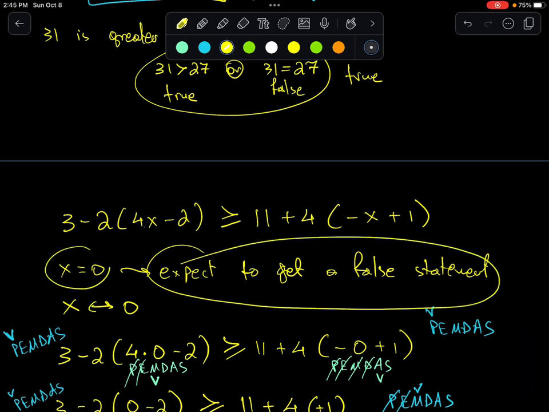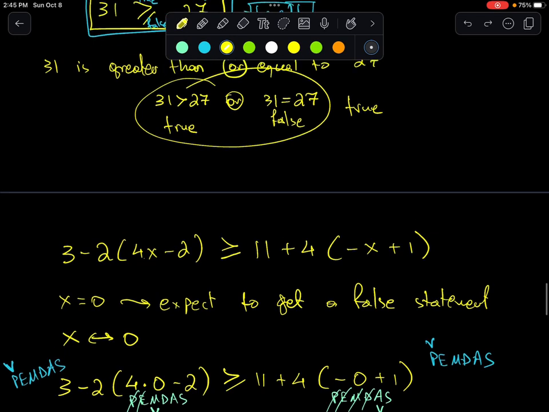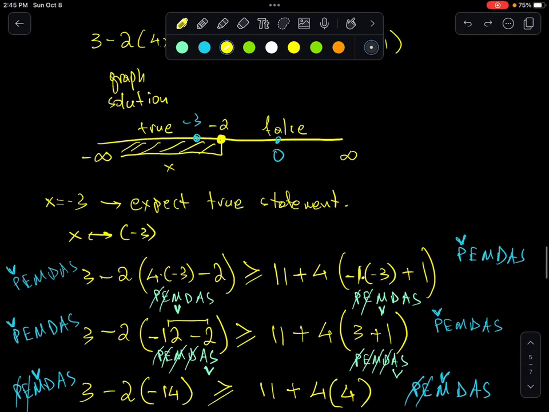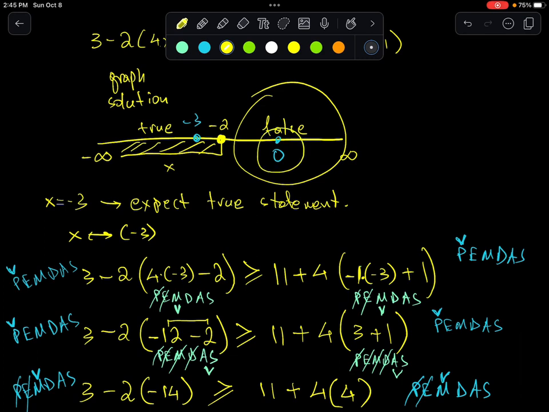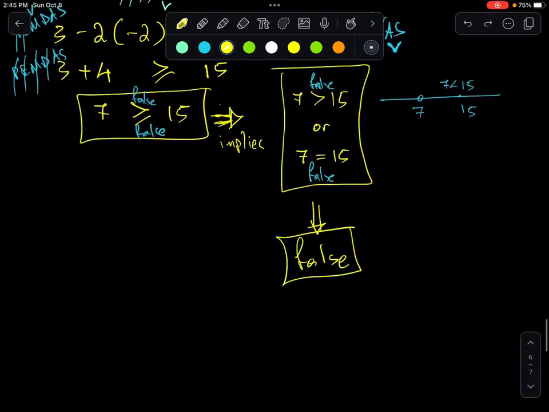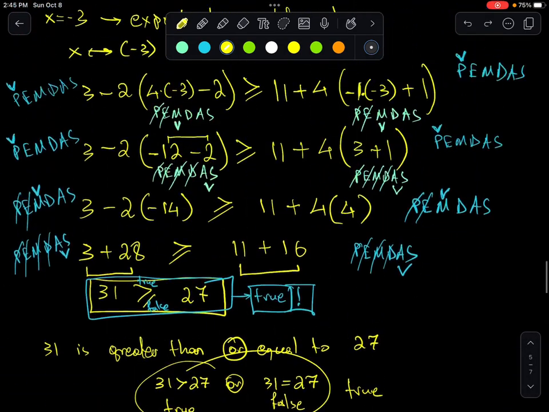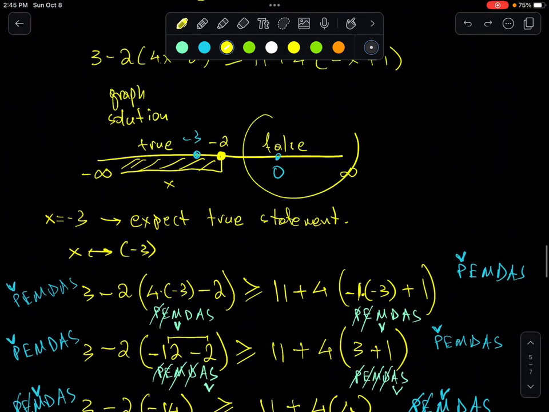I plugged in a number that was in the false area. 0 was in the false area. It would have been bad if what you found here was not false but was true. If you found something that's true, even though you plugged in a number from the false area, that means you have made a mistake.